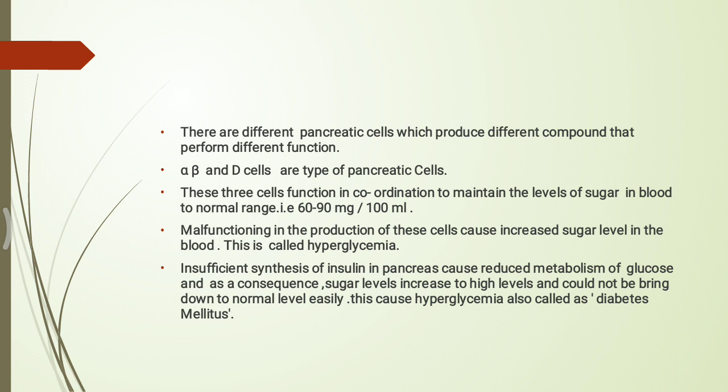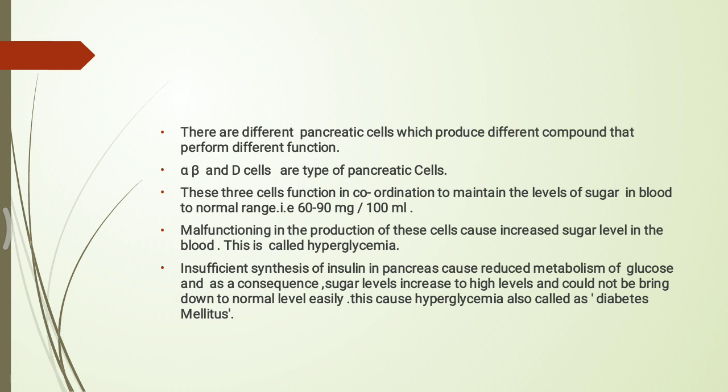Malfunctioning in the production of these cells causes increased sugar level in the blood. This is called hyperglycemia. Hyperglycemia means blood sugar level increases.